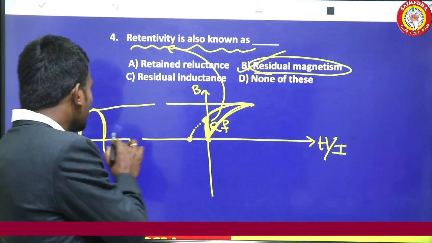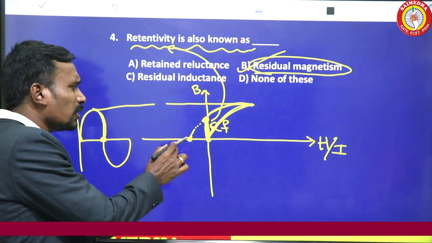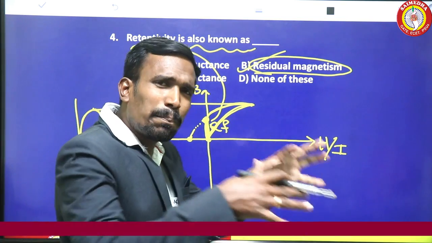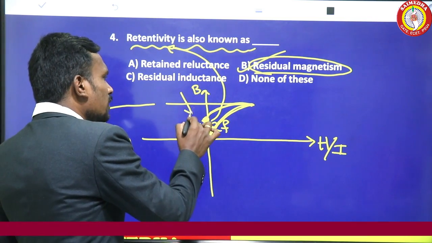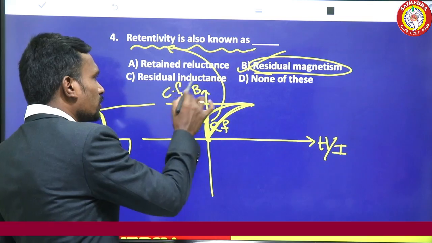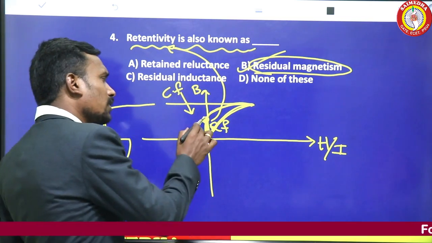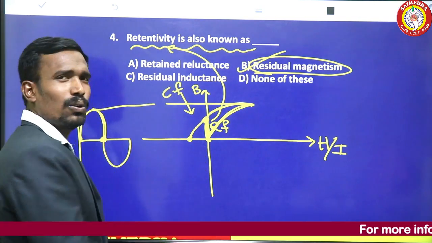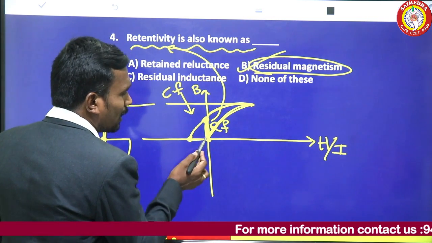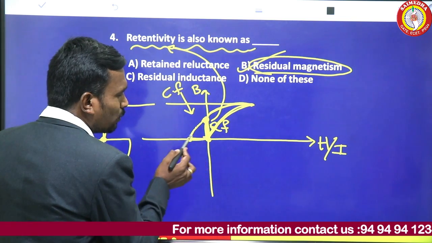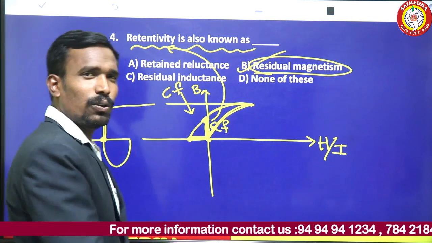Sir, how can we get 0 here? By applying some extra force. Applying some extra force is called coercive force. If you apply coercive force, then it comes to 0. Here the current is 0. If you apply negative current, then it comes to 0.